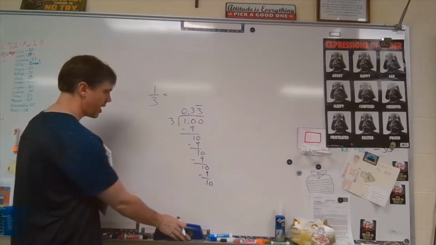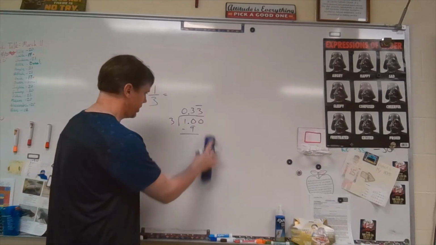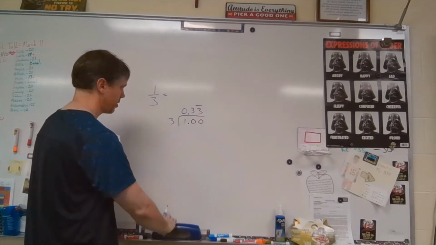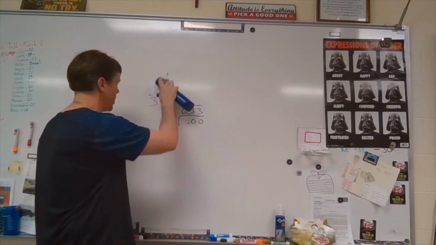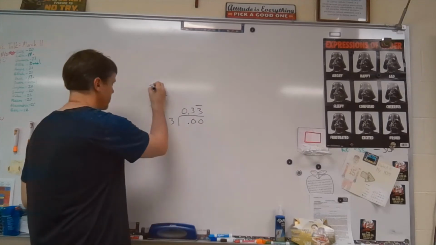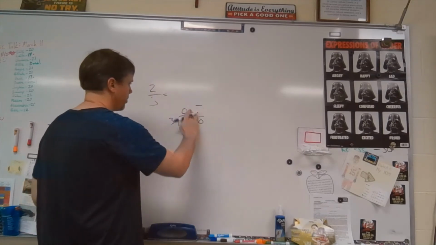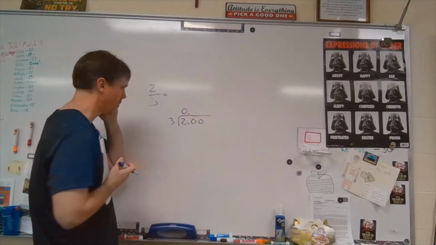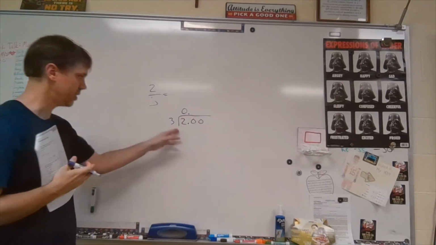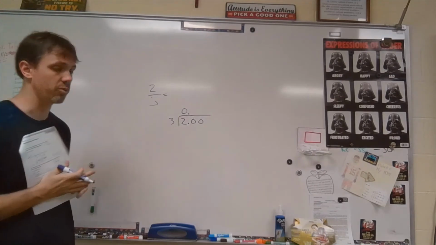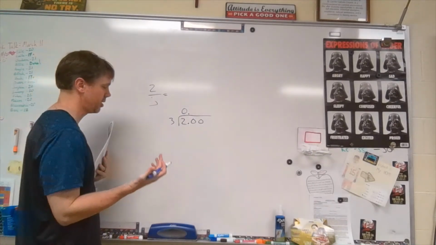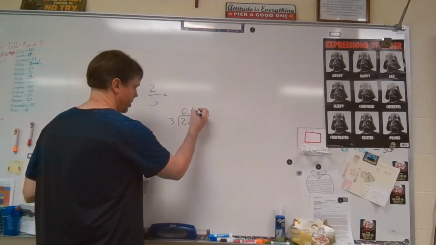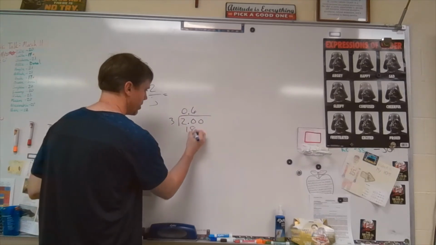Now, what if instead of 1/3, we had 2/3? Well, now it's obviously not going to be 3's. So we have a 2. Well, how many times does 3 go into 2? Well, it doesn't go in at all. How many times does it go into 20? It goes in 6 times, because 6 times 3 is 18.